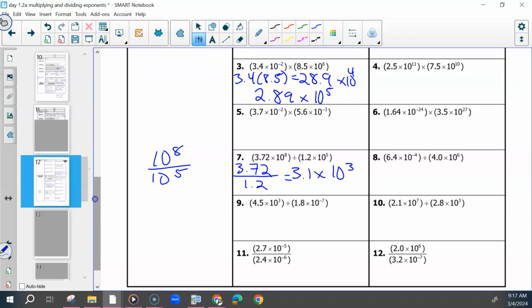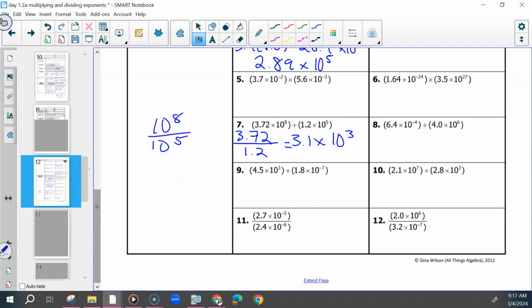We'll do one where we have to change the decimal place, and then any of you guys want to see go over. So number 10. Go ahead and divide 2.1 and 2.8. What would we get there?